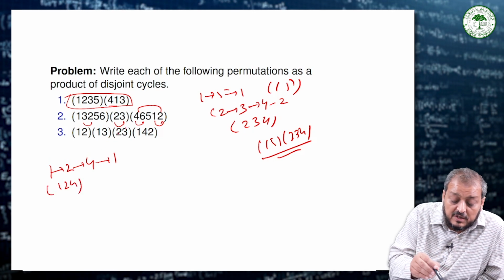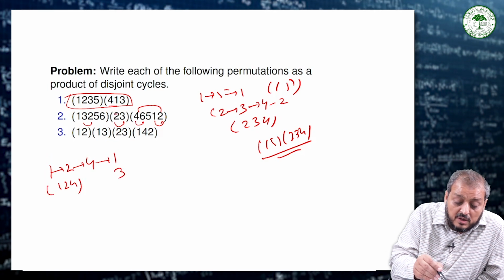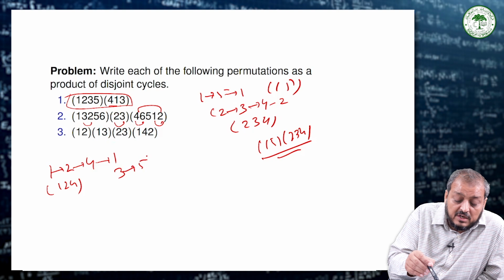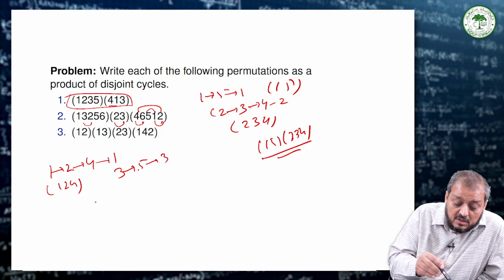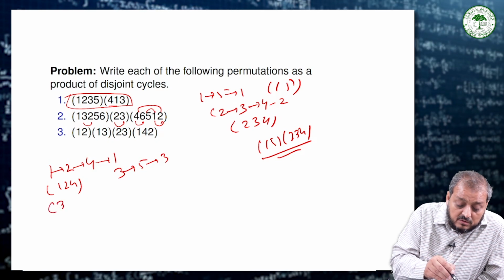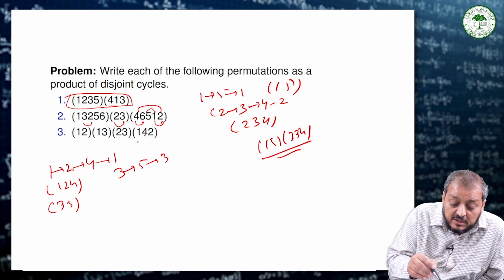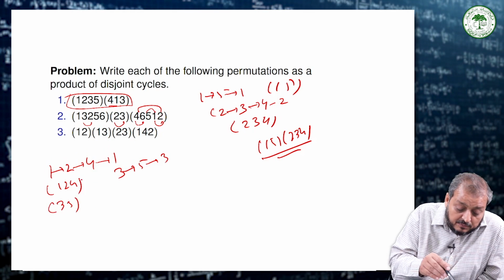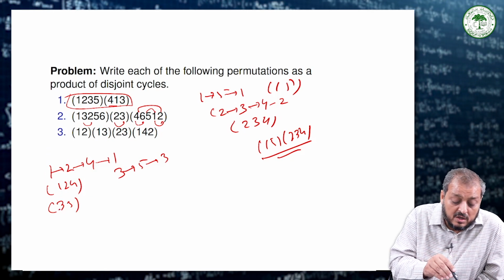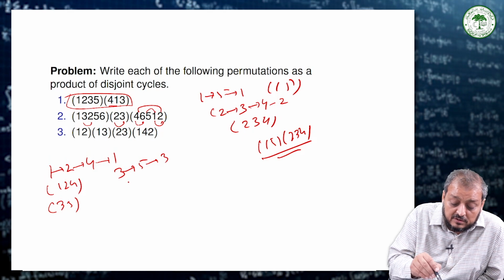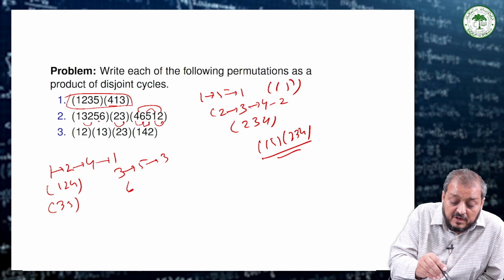Now, starting from 3, 3 goes to 3 and 3 goes to 2 and 2 goes to 5. Then 5 goes to 1, 1 goes to 1 and 1 goes to 3. Then we have another set equal to 3 5. And now we start from 6, the term not appearing here. So, 1 2 3 4 5 and we have 6. 6 goes to 5 and 5 goes to 5 and 5 goes to 6.